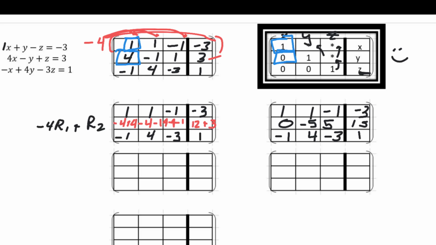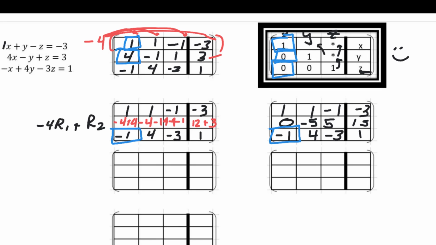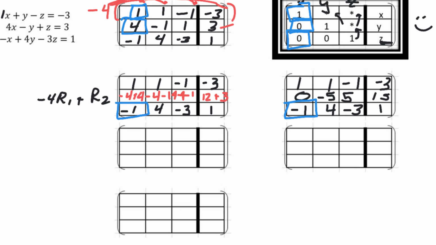The next thing we want to do is turn this negative 1 into a 0. Well, look at row 1. What if I just simply take row 1 and add it to row 3? Because I can already see 1 plus negative 1 is going to give me 0. So let's write down, I'm not changing row 1.